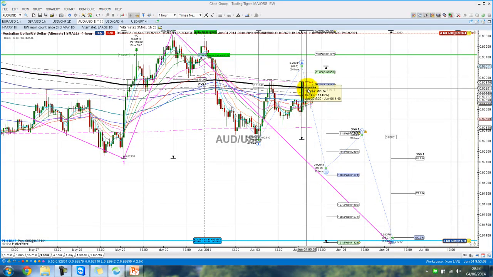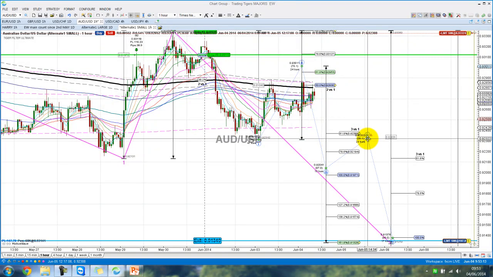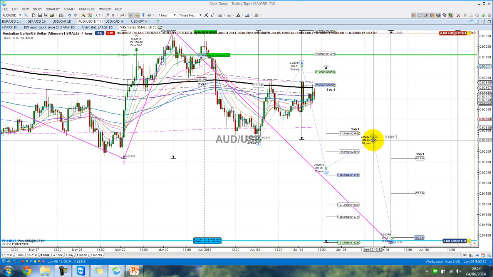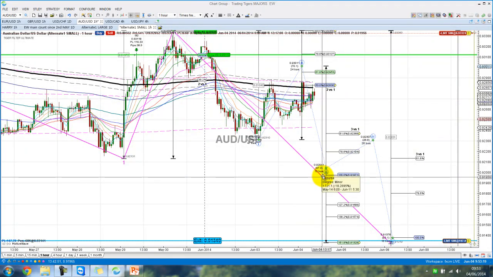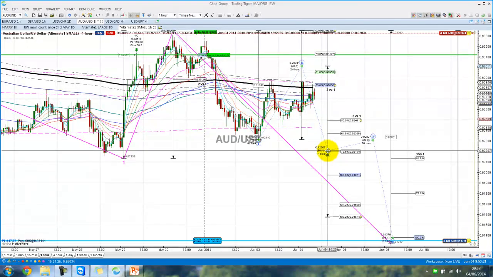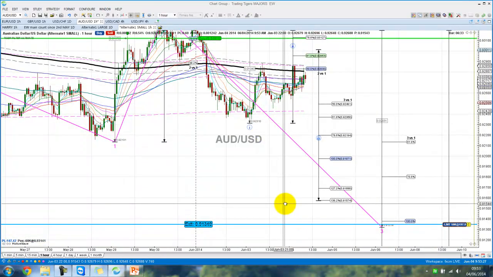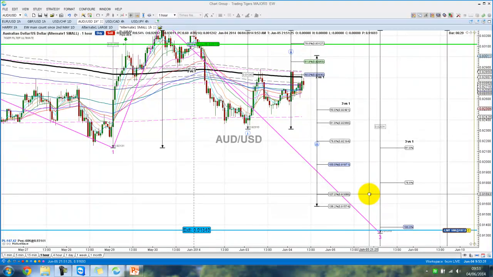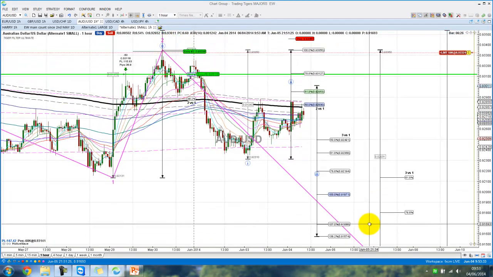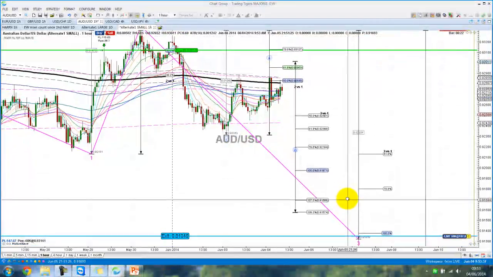And now we're looking for our push down. The price is going to hopefully come down to maybe the 78.6 level, retrace back up, and then come down to complete the wave 3 at the 100% level, and that will take us out of several necessary trades we're currently in.